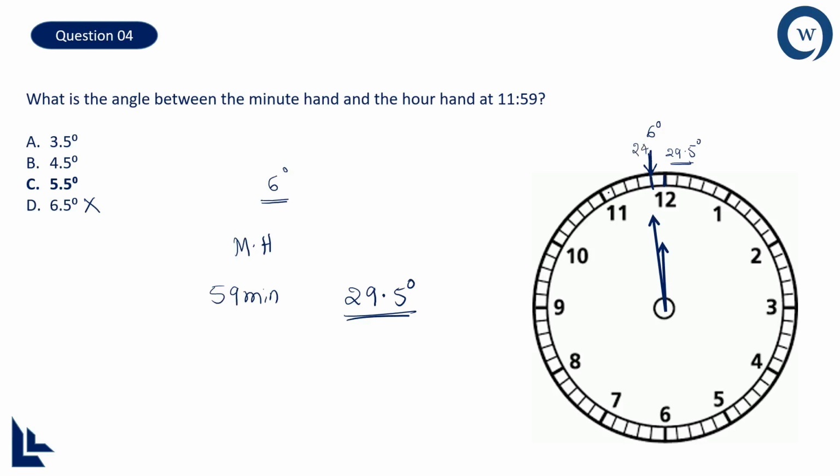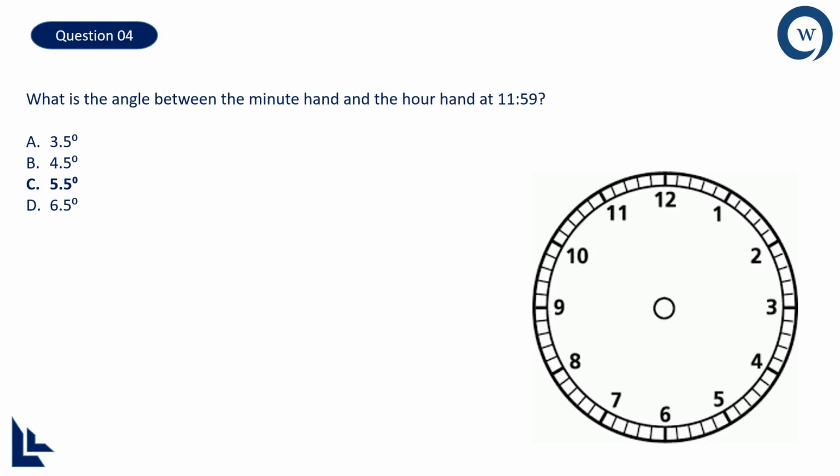If you count from here, it is 6 degree, 12 degree, 18 degree, 24, and the final one is 30. Now, hour hand is at 29.5 degree, right? And minute value is at 24. Now, what is the difference between those two values? 24 and 29.5, it is 5.5. Answer is 5.5 degree. So, we just learnt one simple concept and all these problems are becoming easier for us.